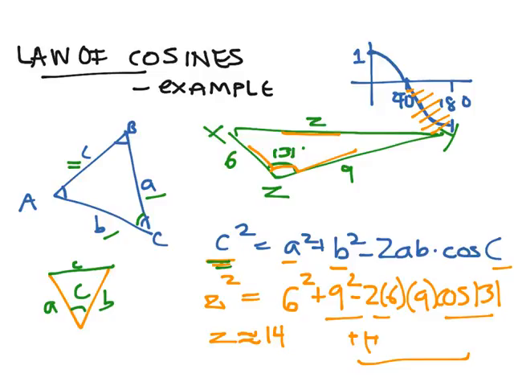Let's do another example. Now, let's try to find an angle. We have three sides. The triangle is PQR, and our sides are 3, 4, 5.